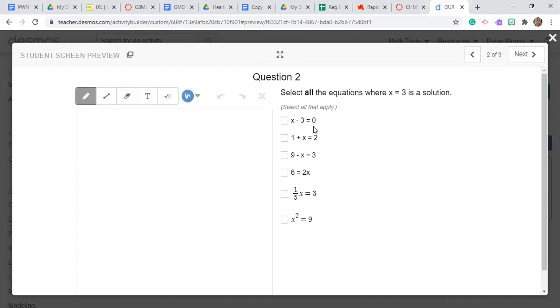X minus 3 equals 0. 1 plus x equals 2. 9 minus x equals 3. 6 equals 2 times x. 1/5 times x equals 3. Or x squared equals 9. Pause the video and do the work in your notebook.